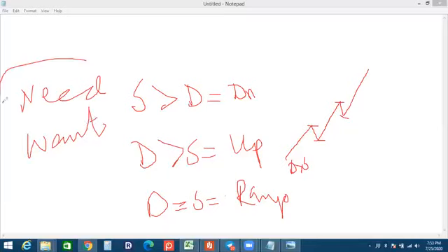So what is need? Need is the basic things without which we cannot live, like food. Food is our need. Shelter is our need. Water is our need. Fire is our need. So some things are our needs and some things are our wants.